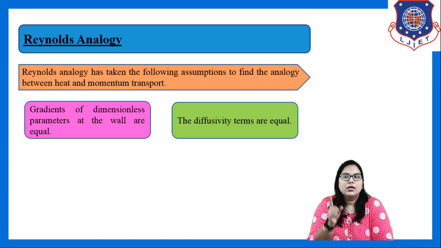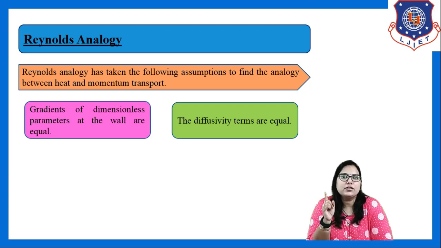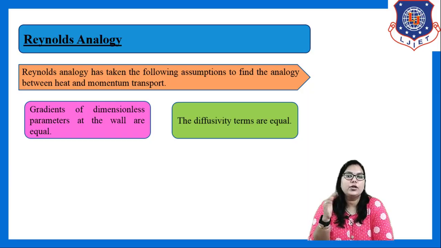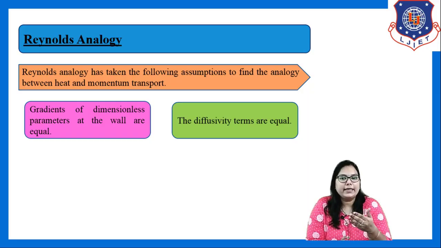That means the first assumption says that gradients of dimensionless parameter at the wall are equal. In the Colburn analogy, the term μw/μ is equal, so that term is cancelled out. And the second assumption is that diffusivity terms are equal. Which term contains diffusivity? The Prandtl number: momentum diffusivity divided by thermal diffusivity.